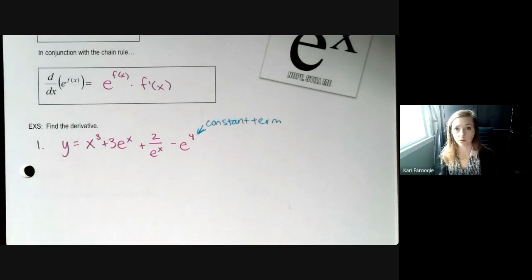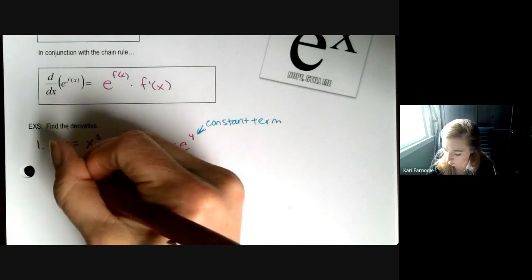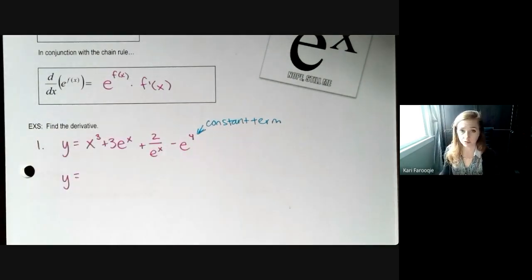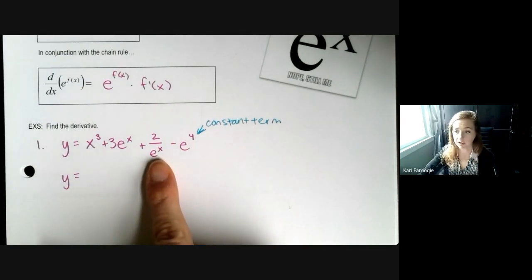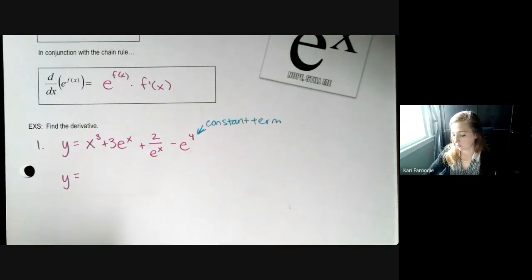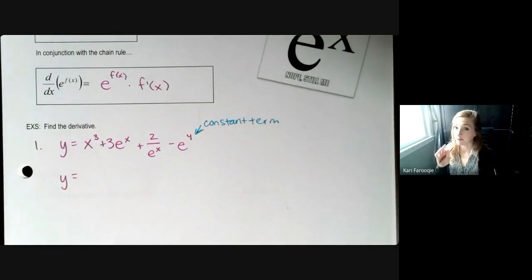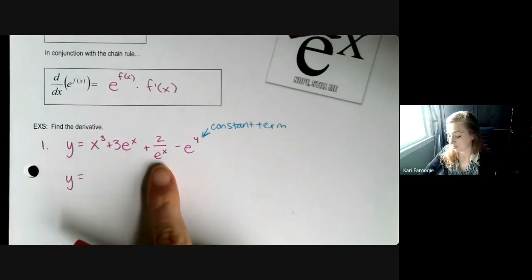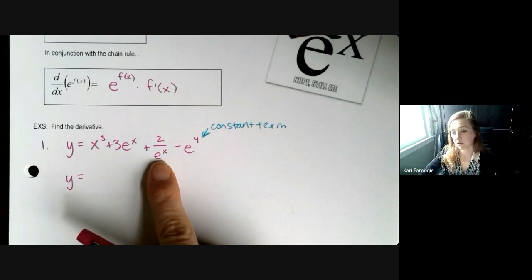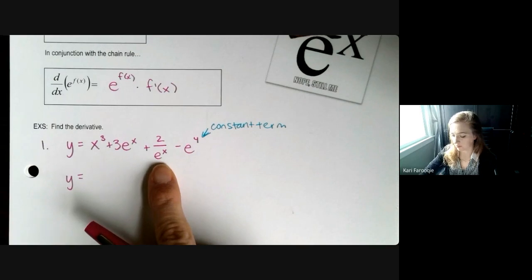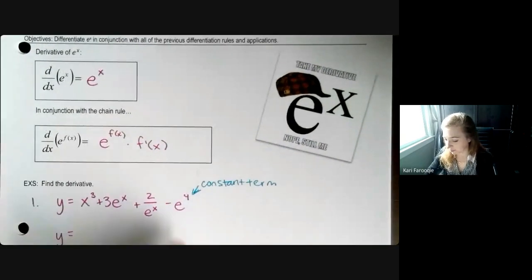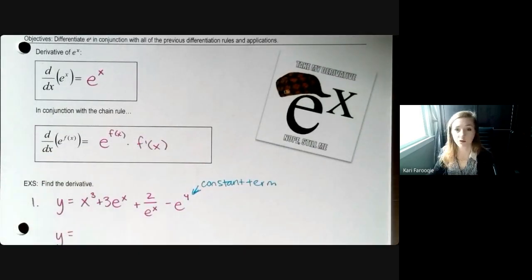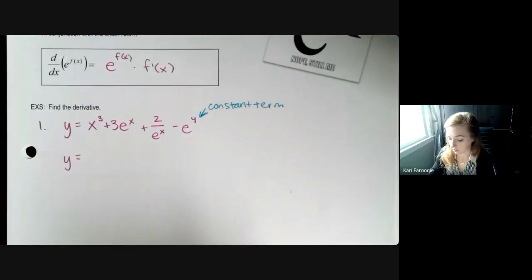Another thing that we're going to do, as we did in previous chapters, is rewrite the function to simplify before we take the derivative. There's not a lot we need to do, but we can't have this e to the x in the denominator if we want to take its derivative using these rules. Now, we could use the quotient rule here since the variable is in the denominator, but it's going to be easier to use our rules with the chain rule if I just write this expression differently.